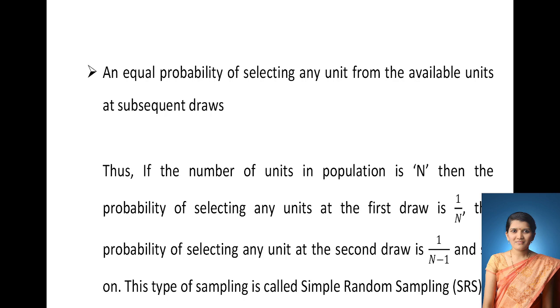Thus, if the number of units in the population is capital N, then the probability of selecting any unit at first draw is 1 by N, and the probability of selecting any unit at second draw is 1 upon N minus 1, and so on. So this type of sampling is called simple random sampling.